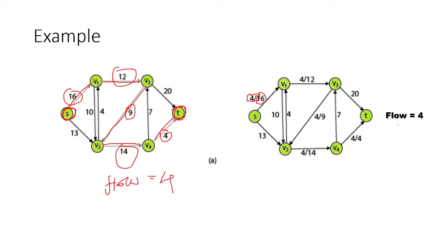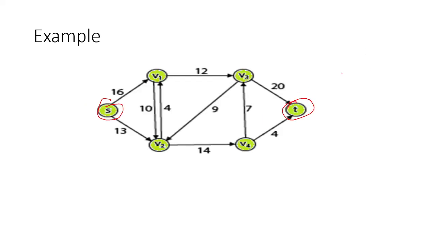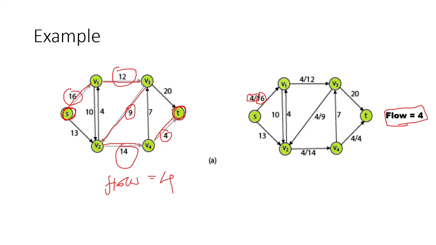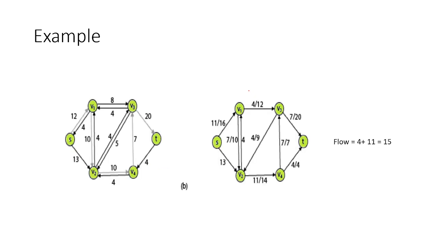With the maximum flow, the flow will be added. Initially the flow was 0, and 4 will be added to the maximum flow, and then the graph will be updated.